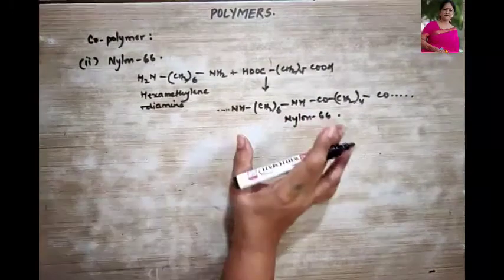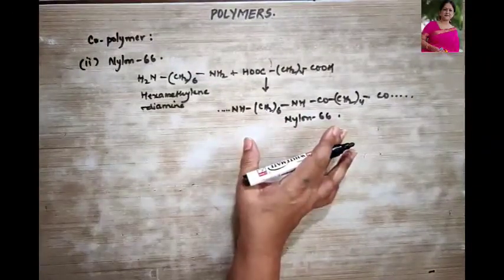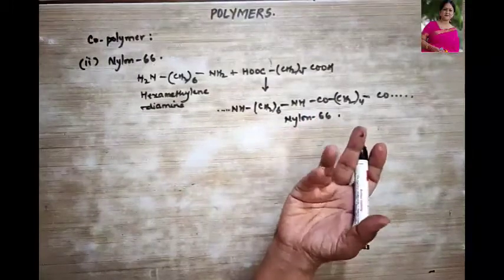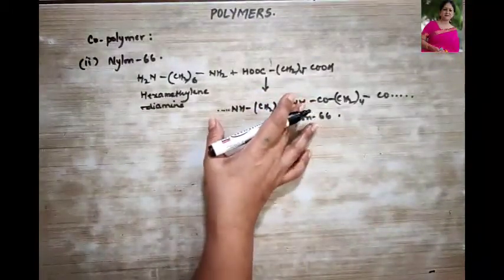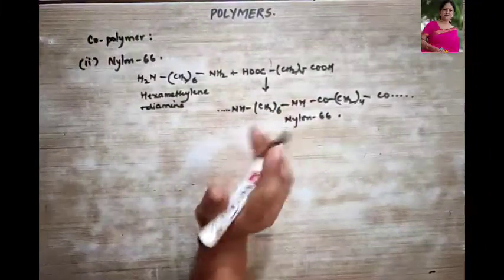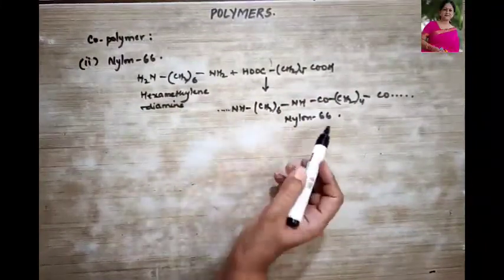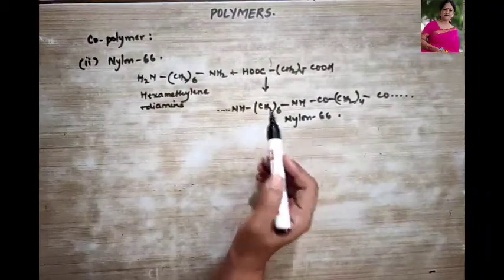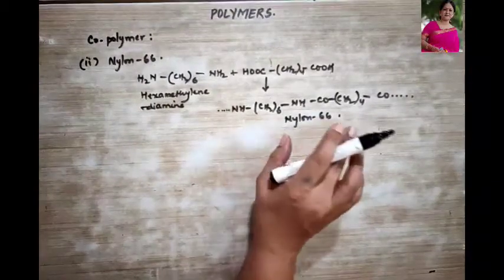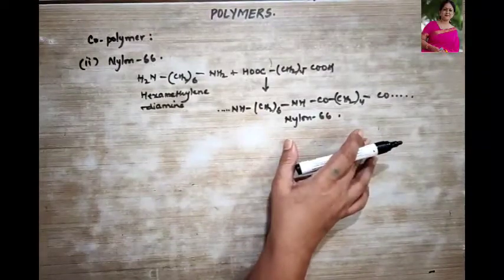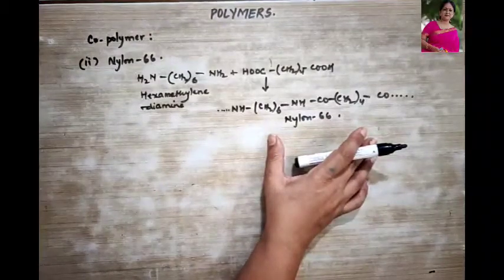When a large number of such copolymer units repeat, a macromolecule of nylon 66 will be formed. We give the number to it, that is 66, double of 6. It indicates that each monomer molecule has 6 carbon atoms. I hope this is very clear to you.